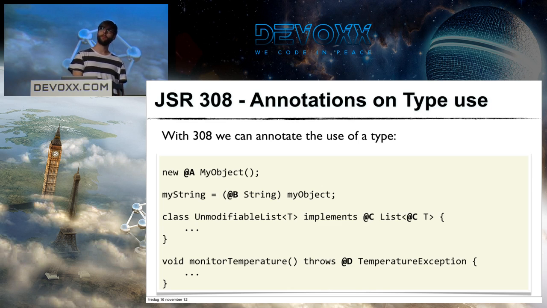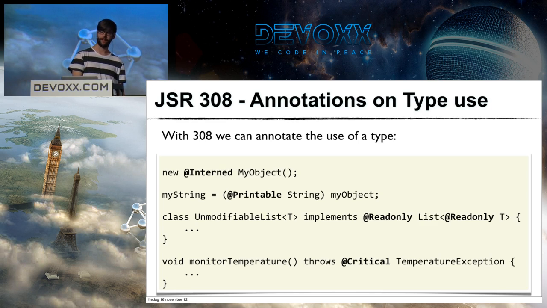So why would you want to do that? That's a very good question. This is perhaps a better example of what you will be able to do. This is actually adding some useful information to the annotations. For example, you can say that you are creating an internal object, or that the string you're casting to is printable.